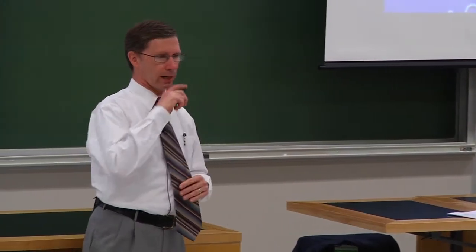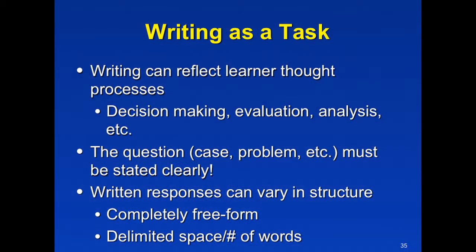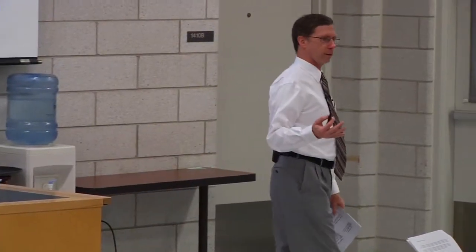So let's take writing as a task. We may have outcomes that can be best demonstrated by actually writing something. Maybe it's a decision making, an analysis of a problem, of a political position. And so my performance assessment, you can assess my own performance here by your own rubric. But the question really needs to be stated clearly.